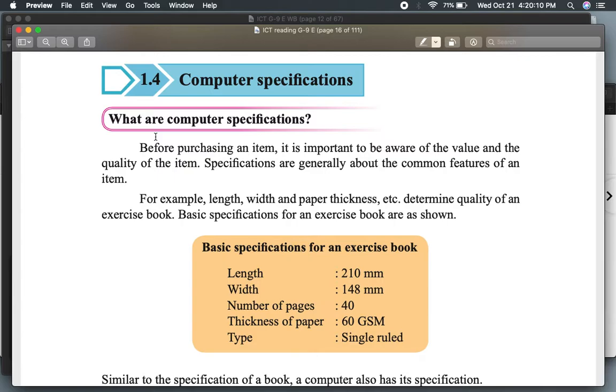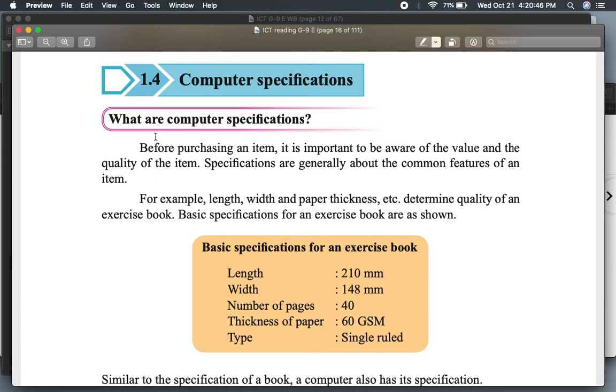So basically, what's being conveyed here is that before you buy anything, you're going to look at the value and the quality of that item. The common features of that item are going to be called specifications.